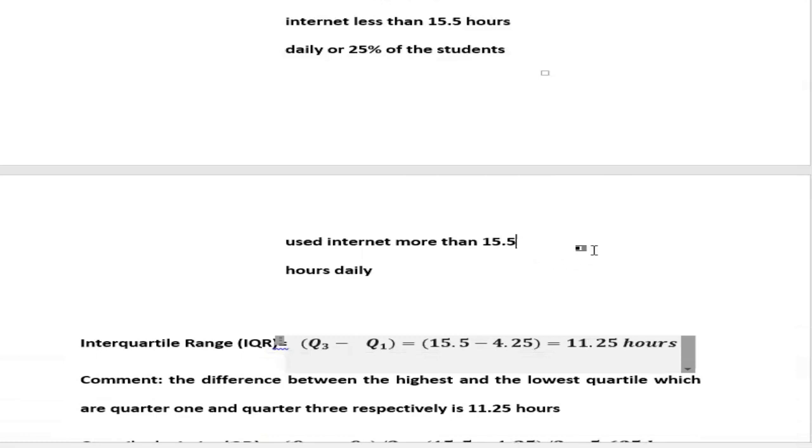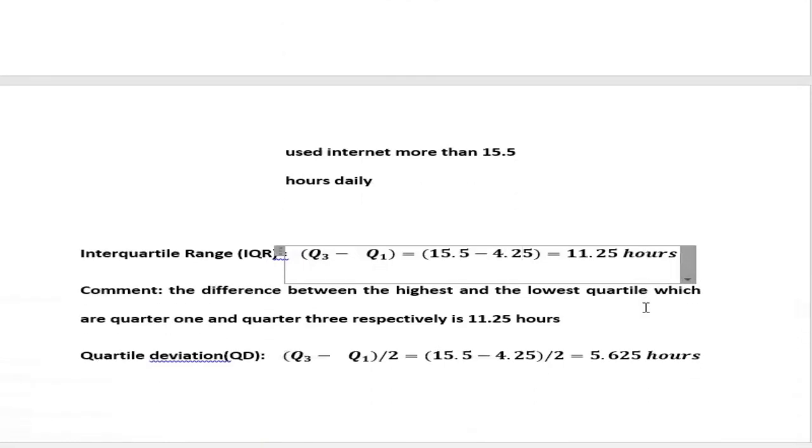So similarly, we can calculate the interquartile range. As we know, the interquartile range is the difference between the highest quartile and the lowest quartile. If you put in the values Q3 15.5 and Q1 4.25, we will get 11.25 hours. That is the difference between the highest and lowest quartile, which are quartile 3 and quartile 1.